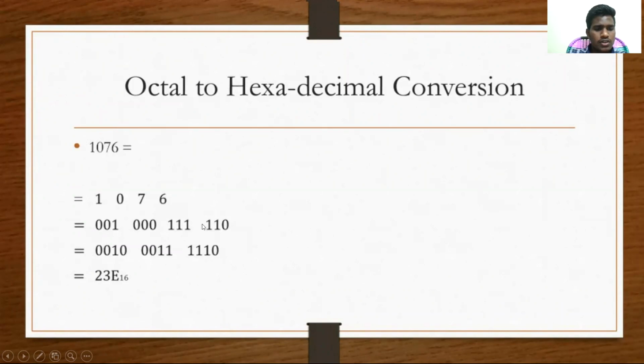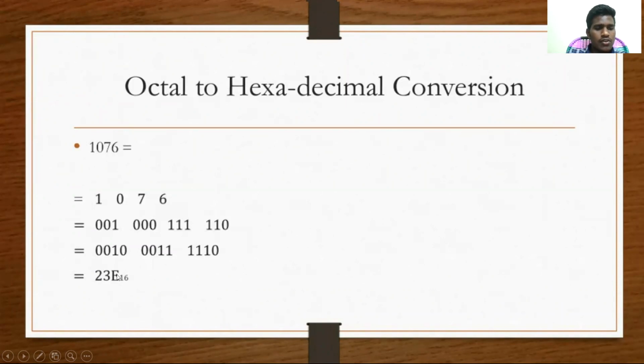What is the binary number of 6? 110, and 7 is 111, 0 is 000, and 1 is 001. After getting these, we have to group the bits into 4 values. 1110 means 8421, that means 8 plus 4 plus 2, which is 14. 14 is the value of E.